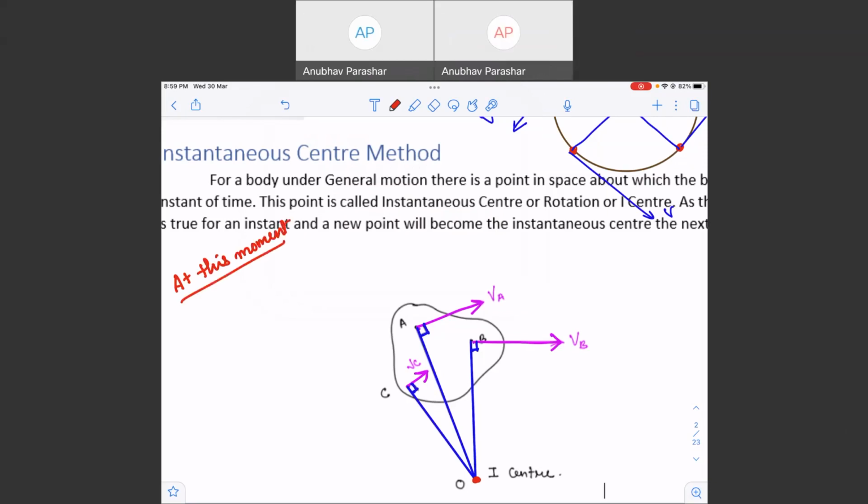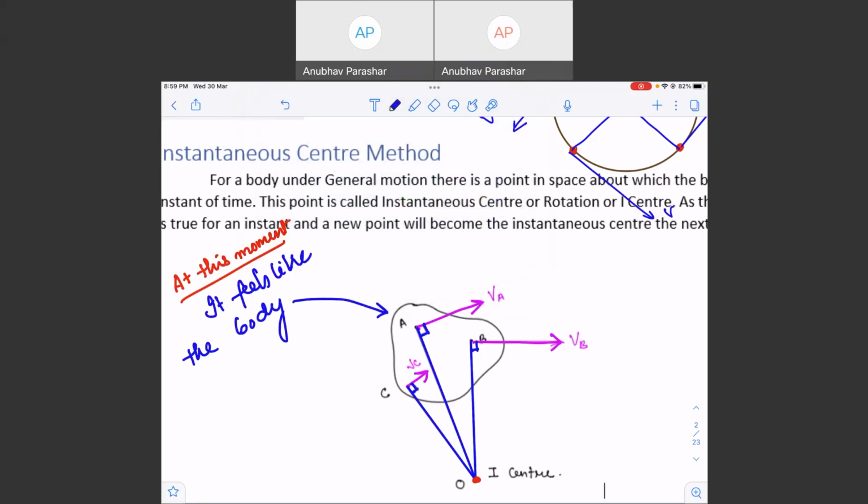What does it feel like? It feels like, because all the points, you can see I have considered 3 points, the perpendiculars are intersecting at point O. So at this moment, it feels like the body. Which body are we talking about? We're talking about this body.